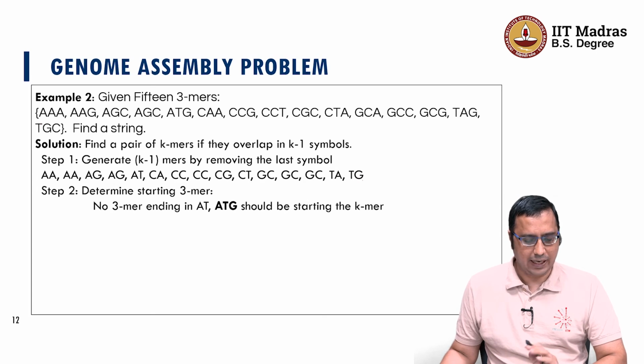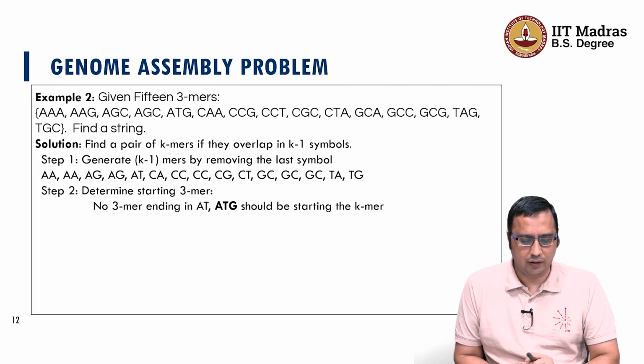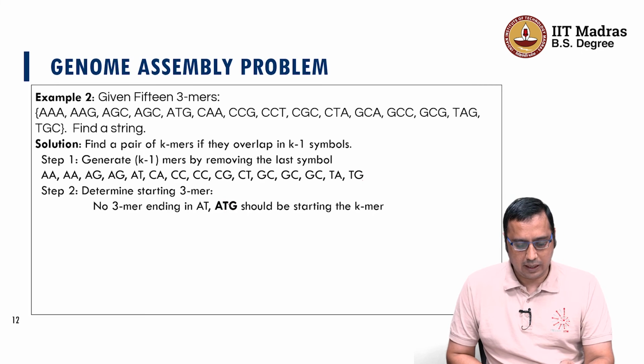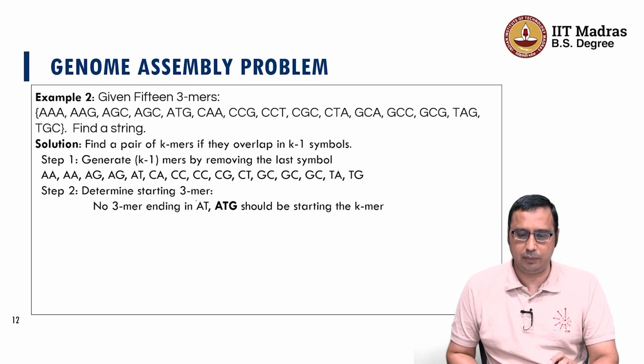Once I have this, the next step is to search for the mer I can start my string with. What I'm looking for is any three-mer whose first k-1 symbols are not the ending of any other k-mer.